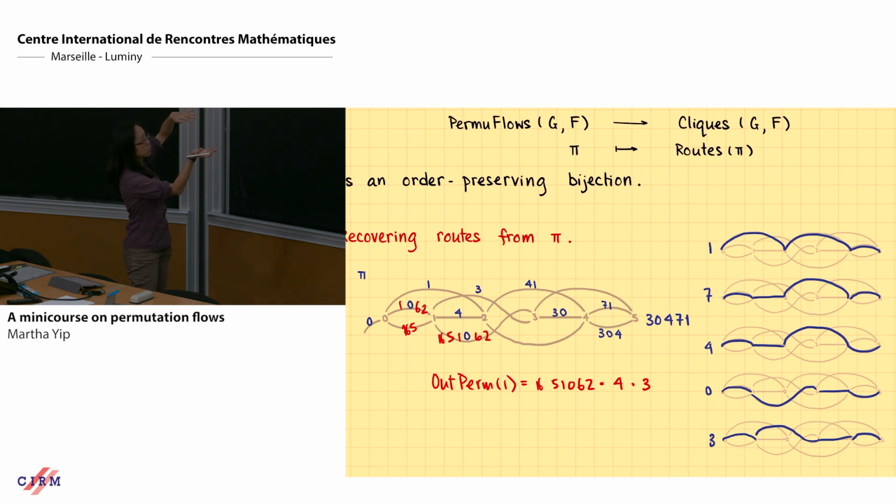You can obtain one route from the next one by some kind of rotation. I'm actually not sure.